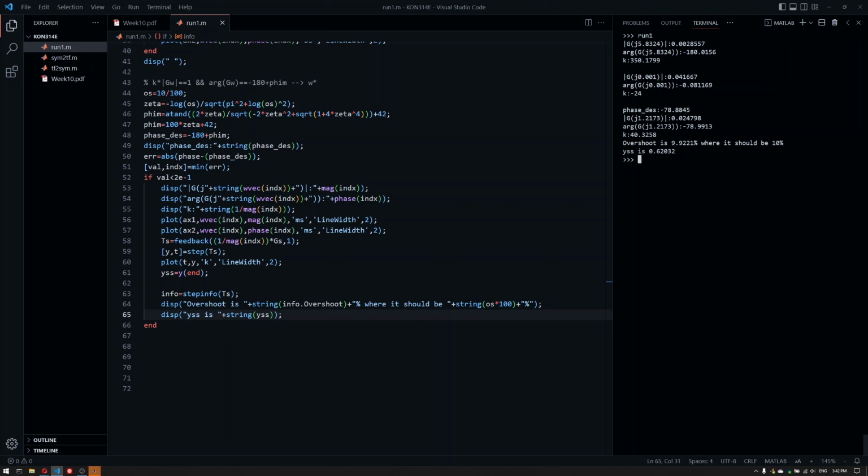So it's 0.62. We have to calculate the steady state error, which is ESS, one minus YSS, because that's basically our input.